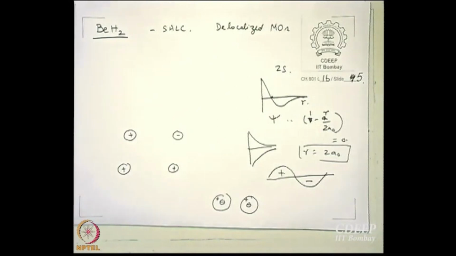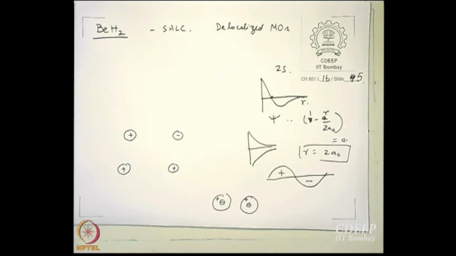Beryllium 1s, what is the electron configuration of beryllium? 1s2 2s2. That's it, right? But then 1s is much lesser in energy. We can consider 1s to be non-bonding completely, not participating in the bonding. So 2s, 2p, right?